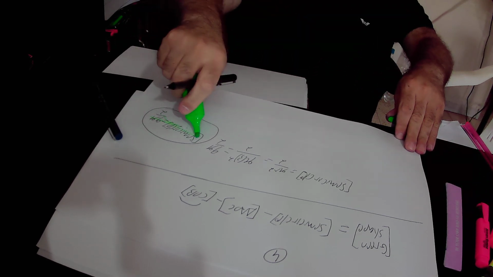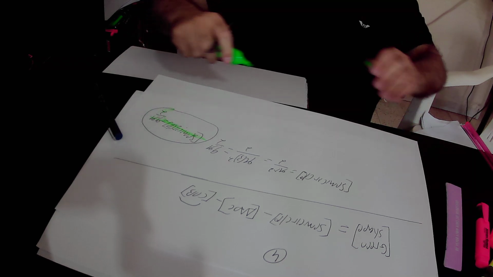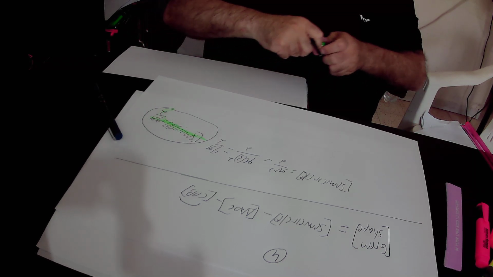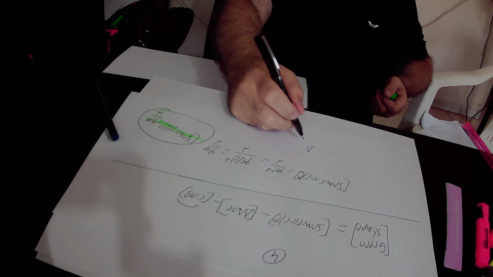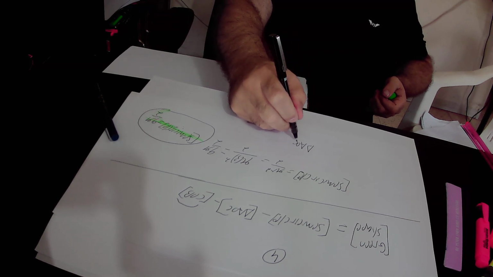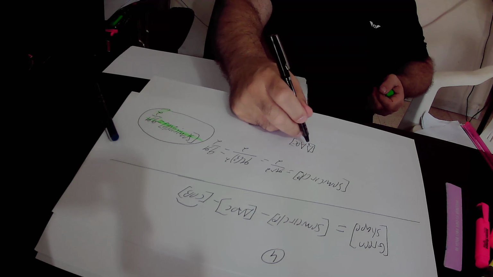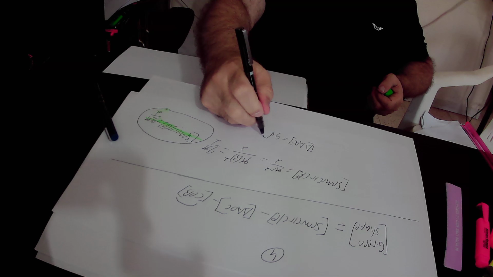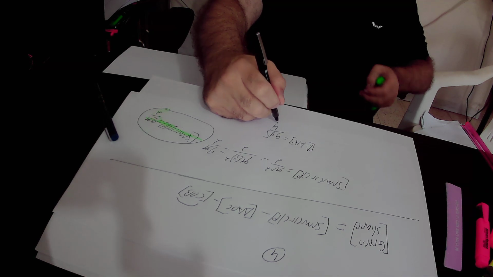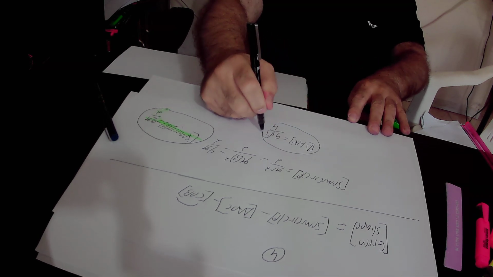Okay. And we have already found out in the first method that the area of triangle AOC equals 9 times square root of 3 over 4 square units.